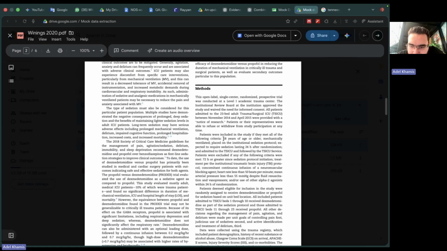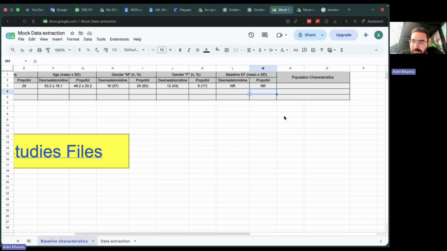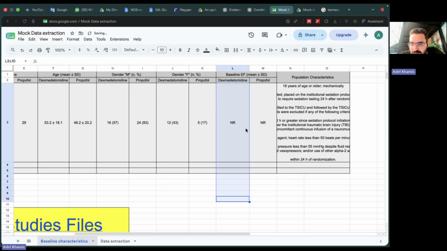Age, sedation protocol. Patients excluded were and so on. Yeah, this is the characteristic that we want. We'll just copy and paste them like this.